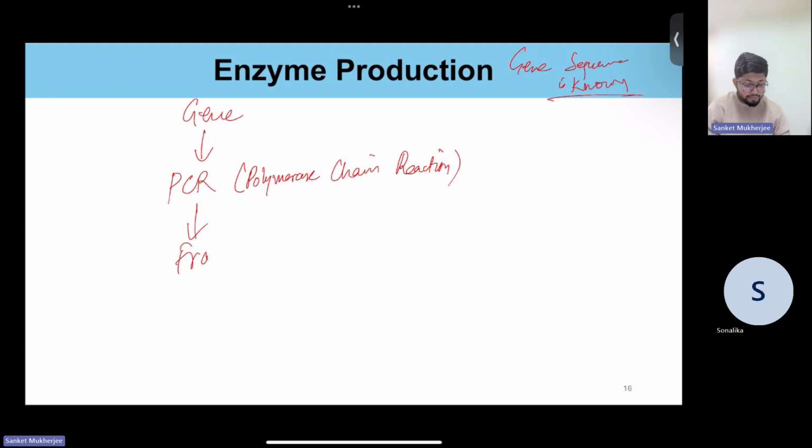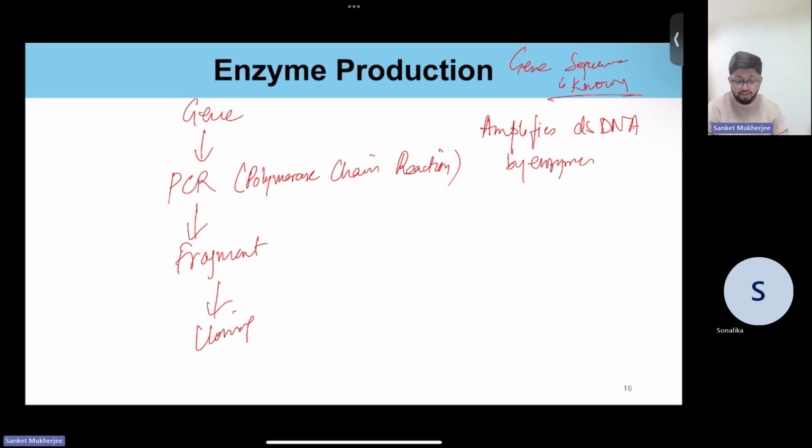We will get the fragment of the gene, and then we will proceed to cloning as we did earlier. So what is a polymerase chain reaction? It basically amplifies double-stranded DNA by enzymes. And we'll talk about what kind of enzymes are important.